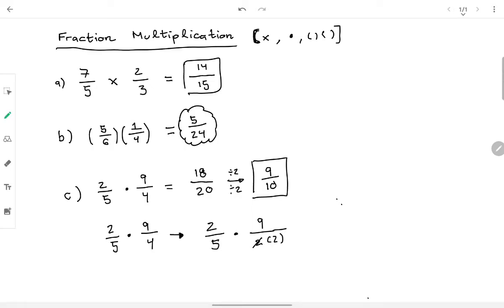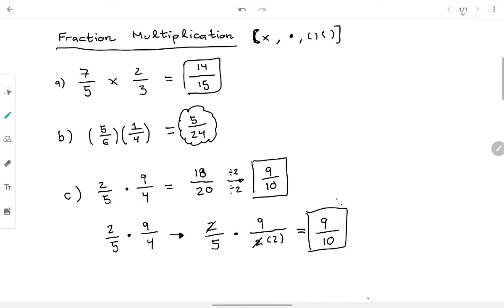We can eliminate this. We will get then 9 in the top part and 10 in the bottom part. That is another process we can use to multiply two fractions, making the simplification in the beginning, not at the end. That's your selection. You can do it at the beginning, you can do it at the end. That's the decision that you need to make.